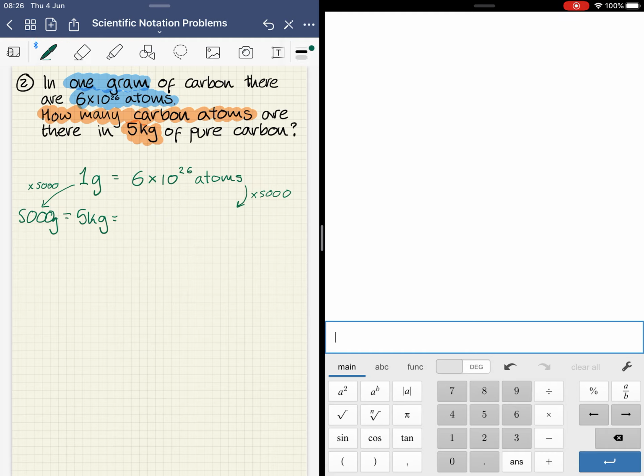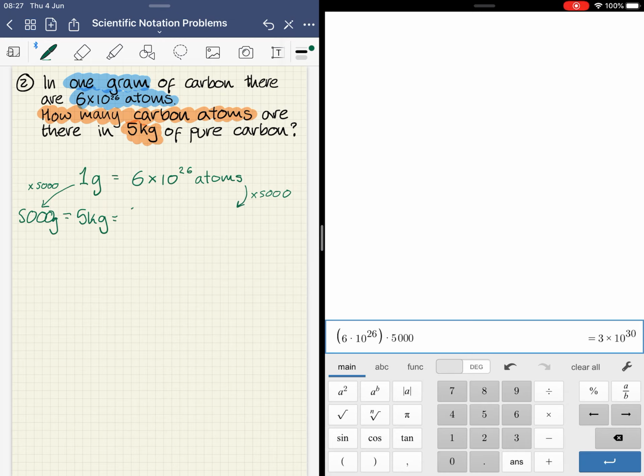And as you can see, how I'm laying this out is actually quite similar to how I teach reverse percentages, of just having things on the same side they're meant to be. And this is a really good way to indicate what you're meant to do with the numbers you've been given. 6 times 10 to the power of 26 times 5,000.